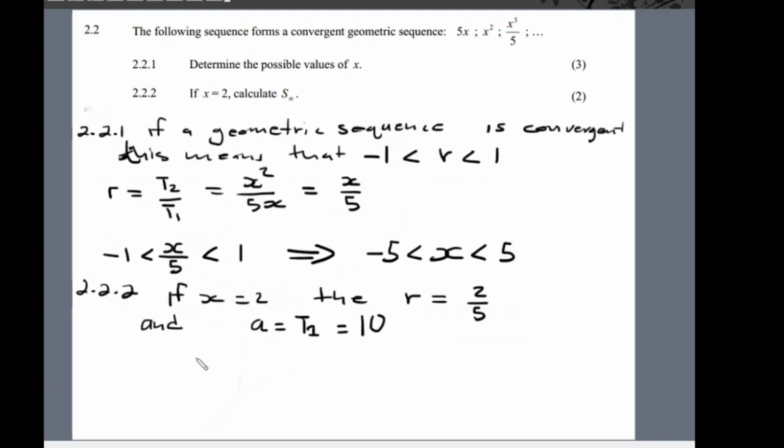So now we know the formula for an infinite geometric series is a over 1 minus r, where r is between -1 and 1.